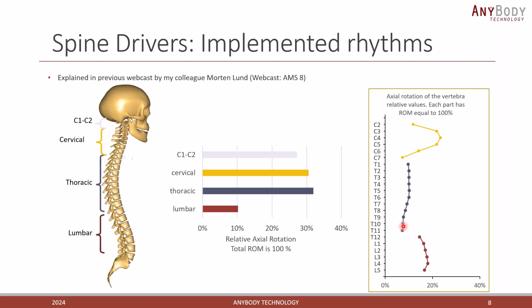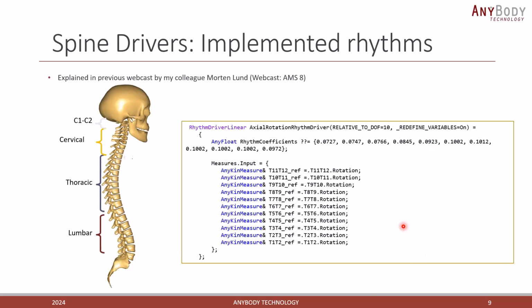So what we can do is that Morten made a cool class template, so you can just take the measures here. For example, we have the measures from T1 to T12, and you can put in the coefficients that you calculated based on the literature data that I just showed you.